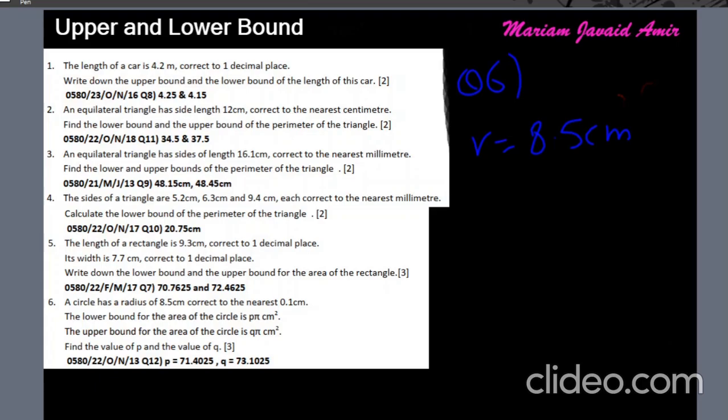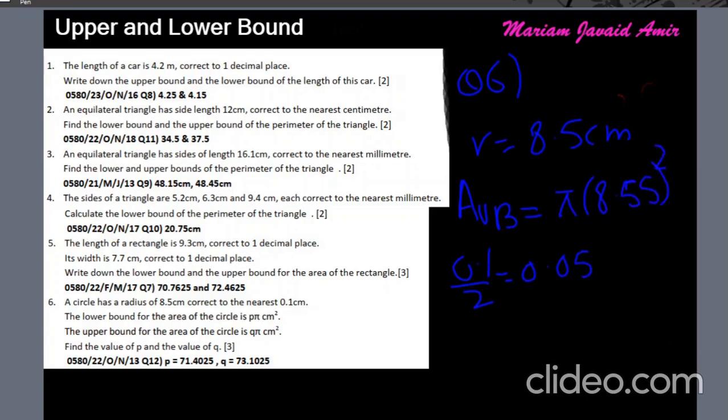So let's find the area upper bound. For upper bound area, I'll need the upper bound for the radius as well. Again I'll divide 0.1 by 2, I'll get 0.05. So the upper bound area will be pi times 8.55 squared. I'll add 0.05 to 8.5. This should be equal to q pi.